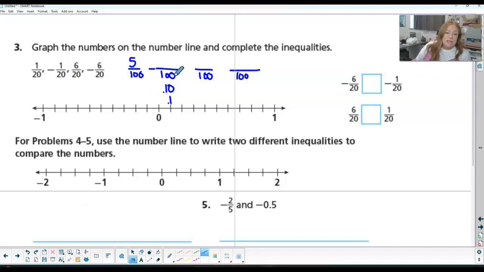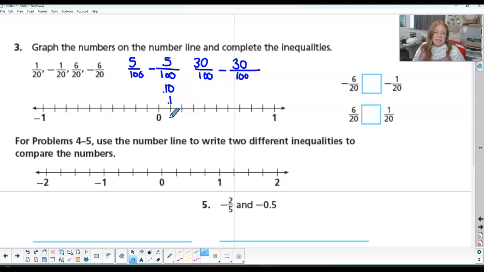How do I get from 20 to 100? Multiply by 5. So 1 times 5 is 5. So these are the same but opposites. How do I get from 20 to 100? I multiply by 5. 6 times 5 is 30 hundredths. And then we have negative, same thing but opposite, -30 hundredths.